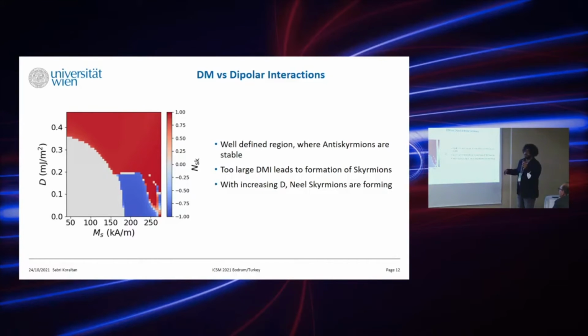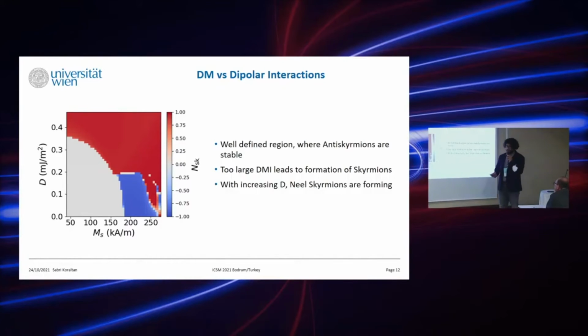They slowly transition to Néel skyrmions, as the interface DMI usually stabilizes this type of topological texture. So this shows us that skyrmions and anti-skyrmions more specifically should be stabilized by dipolar interactions.